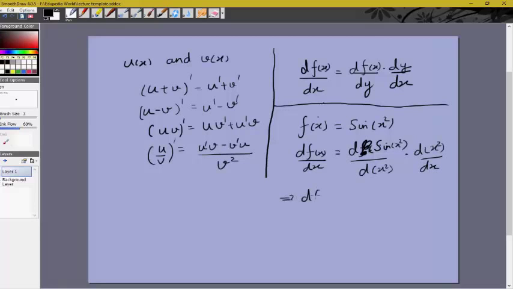Now x squared can be substituted by some other variable t, so this is d sin t by dt, that is the derivative of sin t, which is cos t or cos of x squared, and this is multiplied by the derivative of x squared with respect to x, which is 2x.